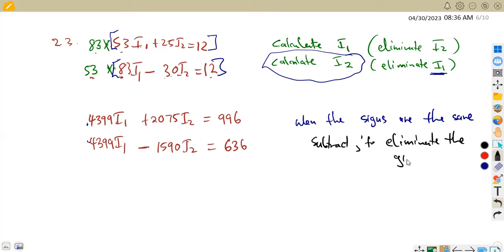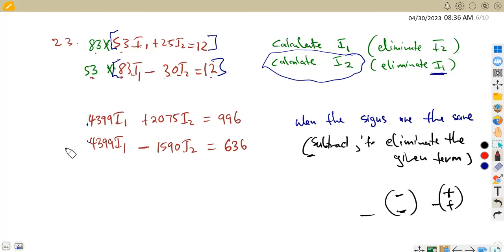That is what you're going to do in this case. Given a consideration where the signs are the same, there's a minus on top, there's a minus below, you subtract, you eliminate that term. There's a positive on top, there's a positive below, you subtract the terms, you eliminate those terms.